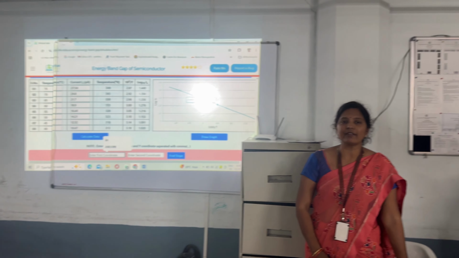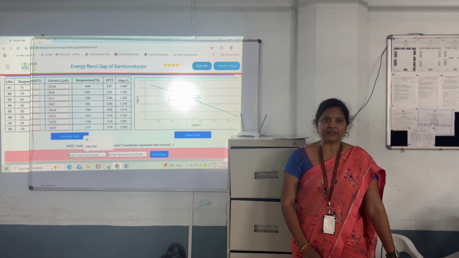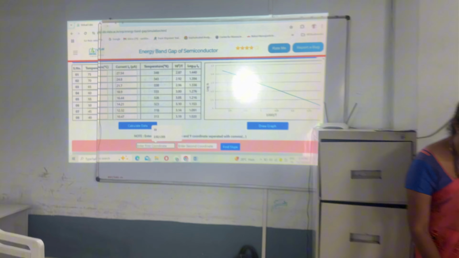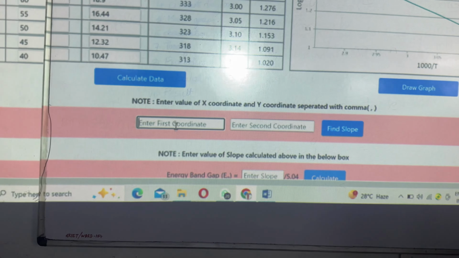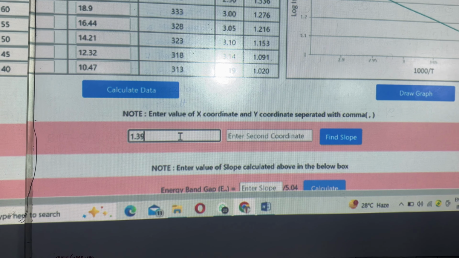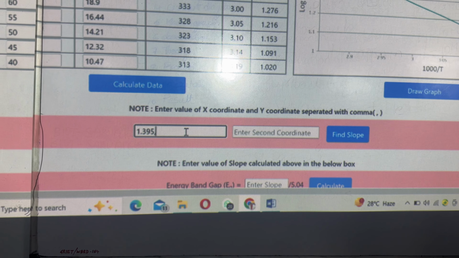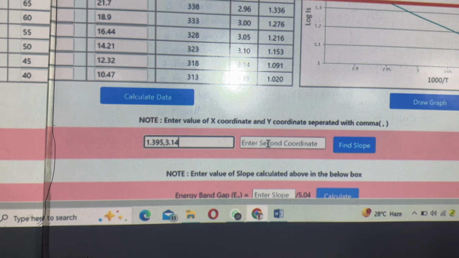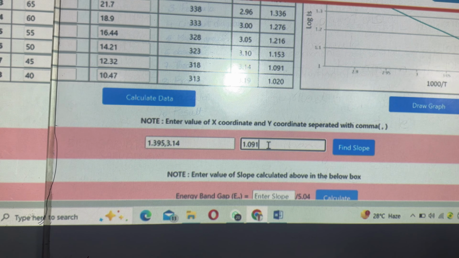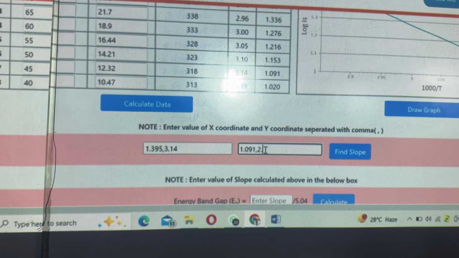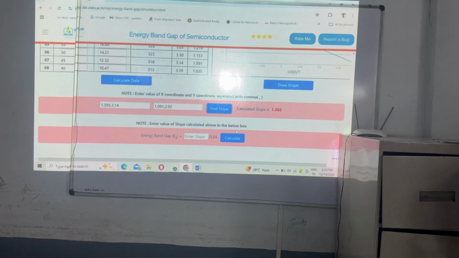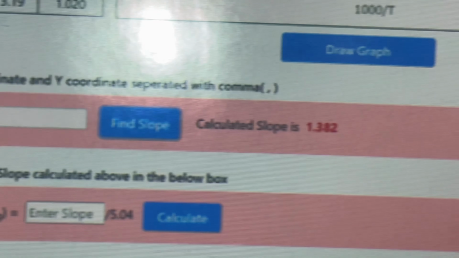With the help of the graph, let us calculate the slope and put it in the formula, and you calculate the energy gap value. So enter these coordinates from the graph into this particular coordinate slot. We got the slope 1.382.